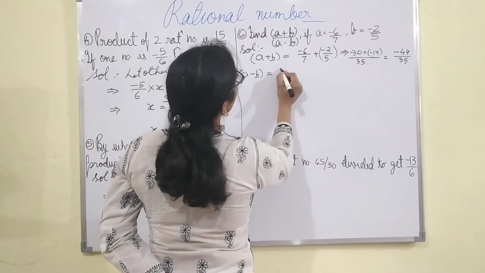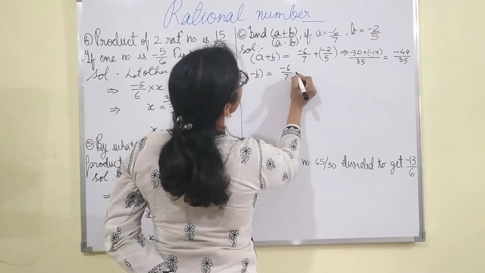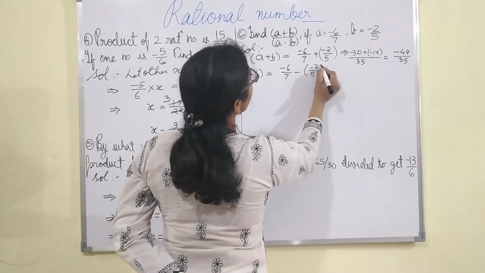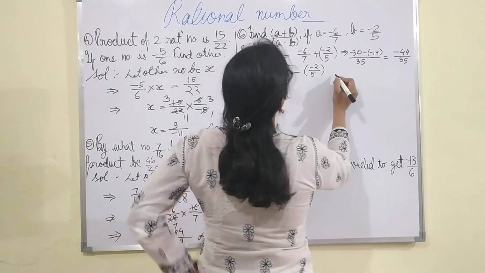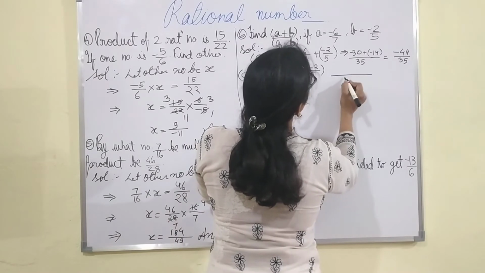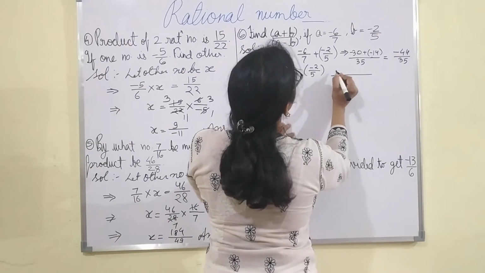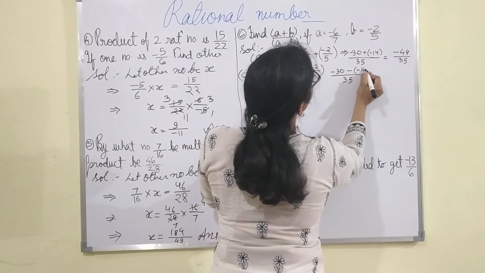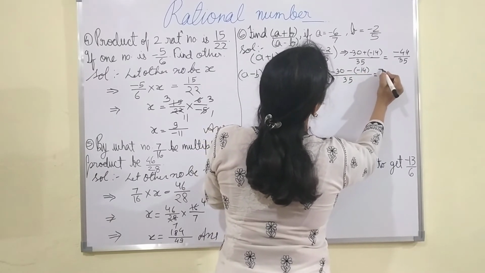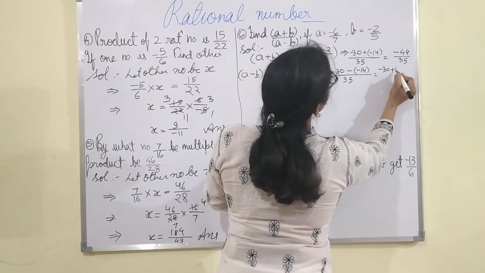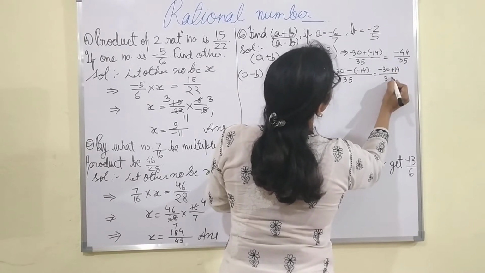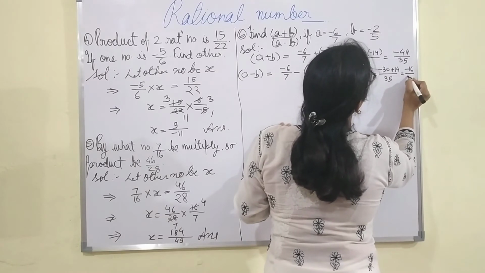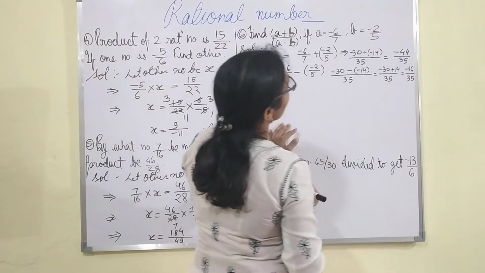Now next we will find out the value of a minus b. Okay, so minus 6 upon 7 minus 2 upon 5. Okay, so 35 minus 30 minus 14. So it will become minus 30 plus 14 upon 35, means minus 16 upon 35.